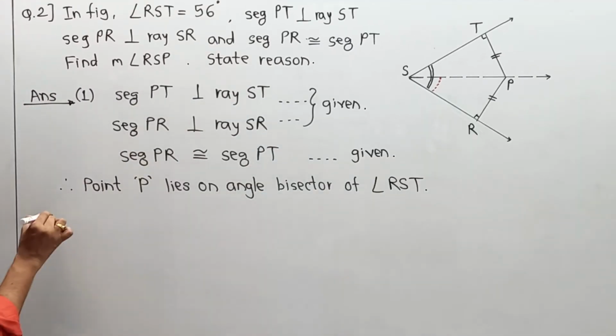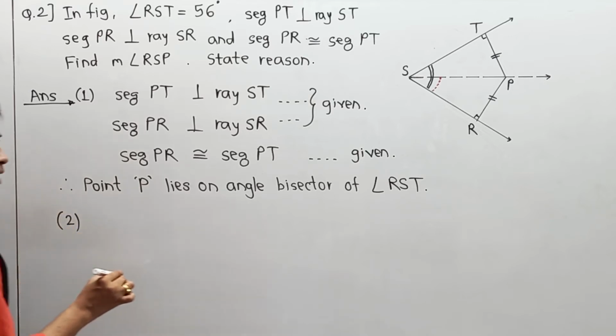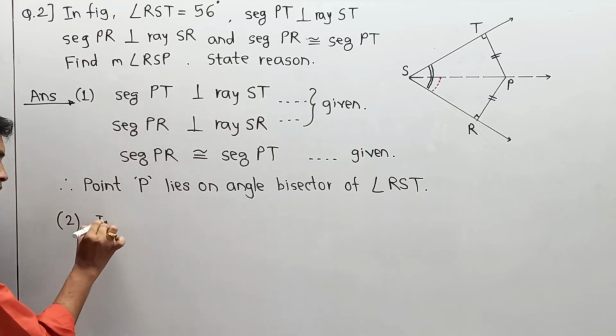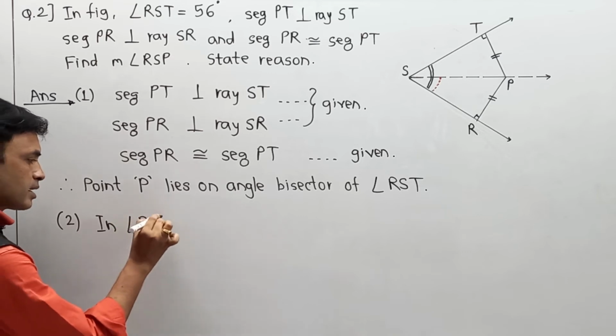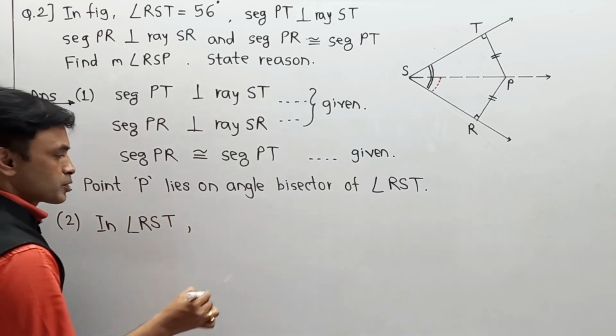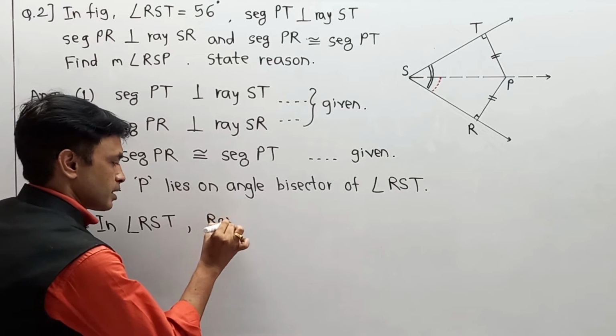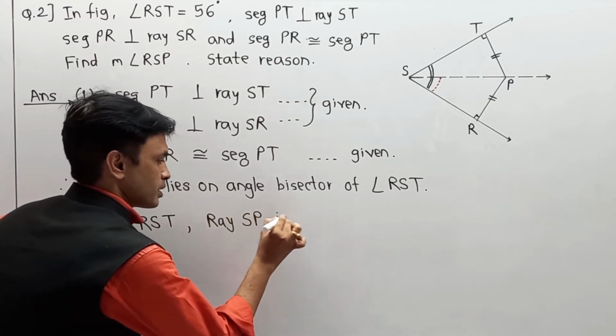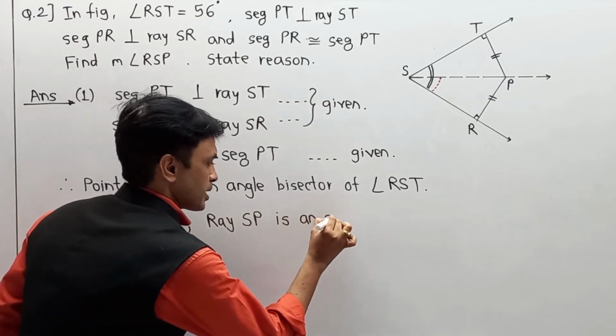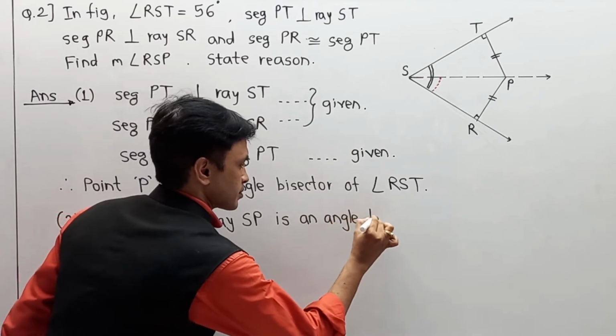Now next part, second, in angle RST, ray SP is an angle bisector.